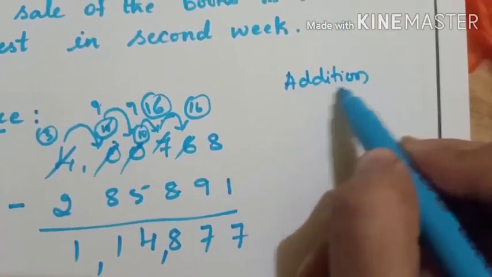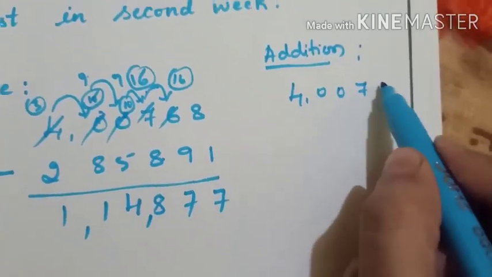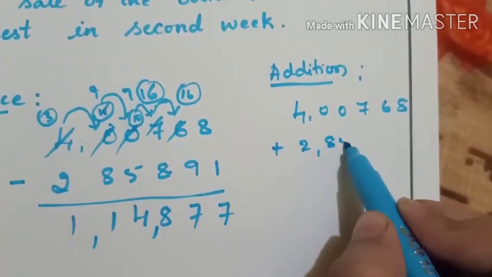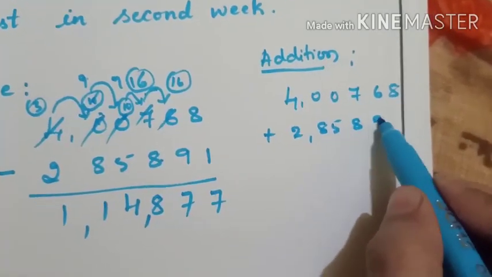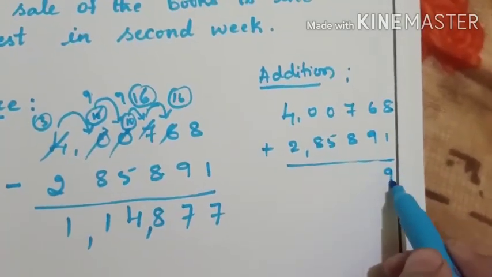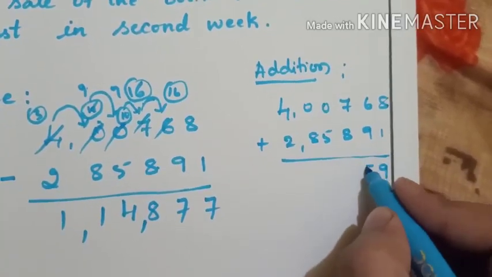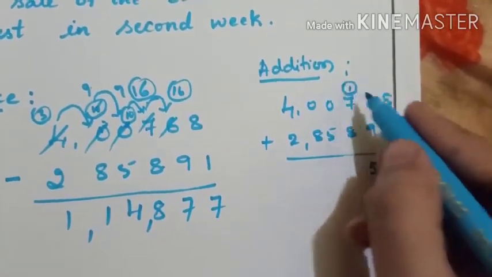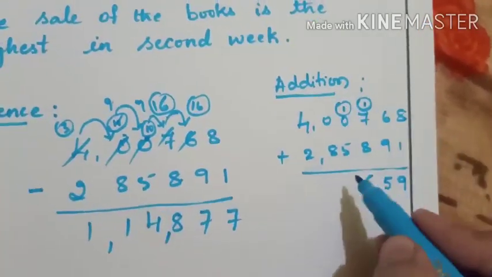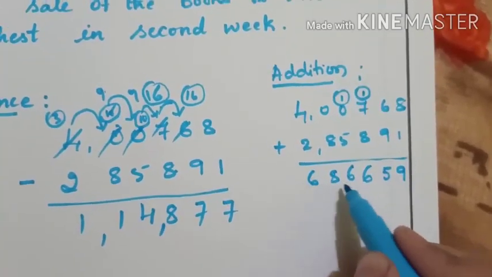Addition: 4,768 plus 2,85,891. 8 plus 1 is 9. 6 plus 9 is 15, 1 carry. 8 plus 8 is again 16, 1 carry. 1 plus 5 is 6. 8. 4 plus 2 is 6.